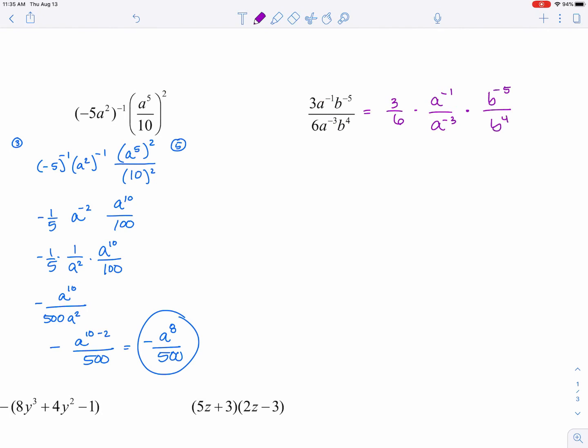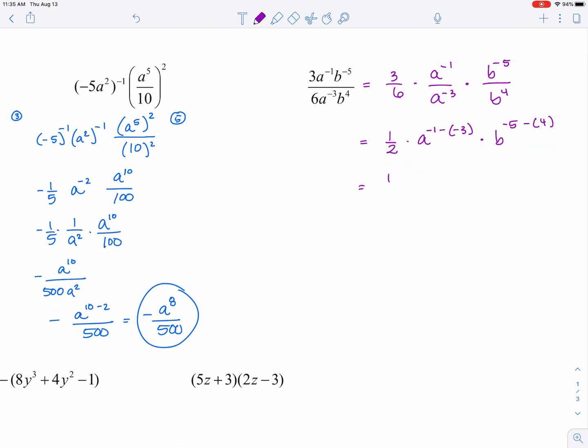Buzz with the hive. Anyhow, this is 1/2. This is a to the top power minus the bottom power. Watch those parentheses and those double negatives. And then again, the b to the top power minus the bottom power.